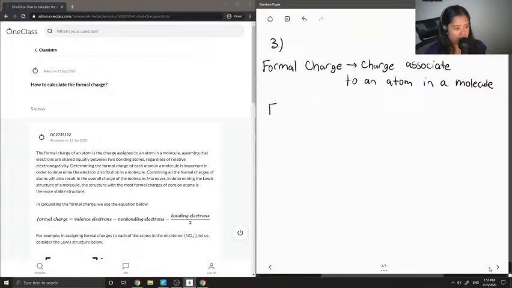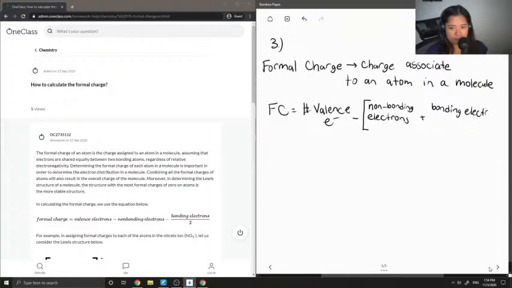So we can use the following equation. Formal charge is equal to the number of valence electrons in the atom minus, in square brackets, the number of non-bonding electrons plus the number of bonding electrons divided by 2.